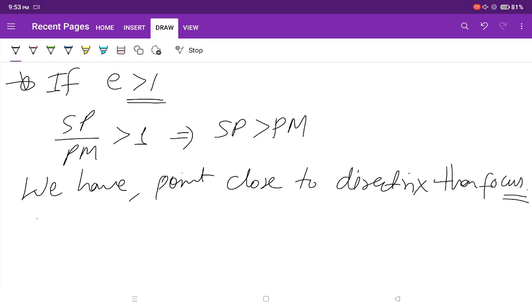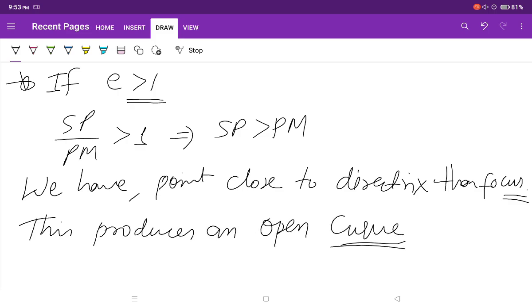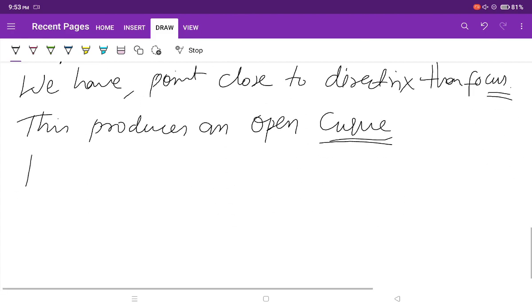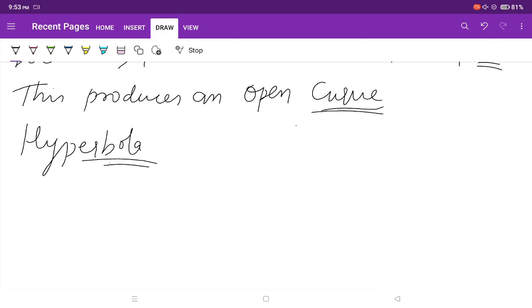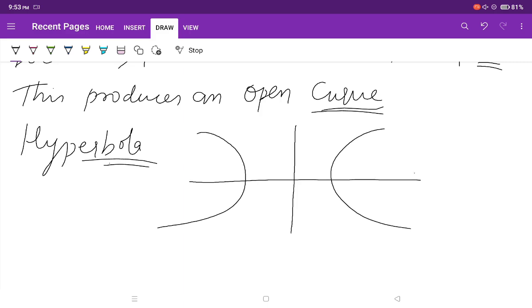That means this produces an open curve, and that is a hyperbola, like this. Correct?